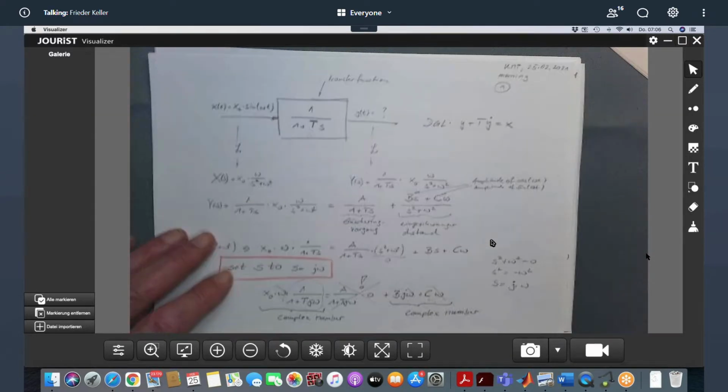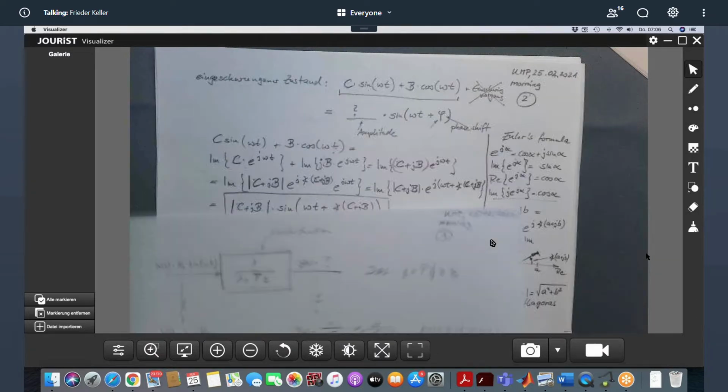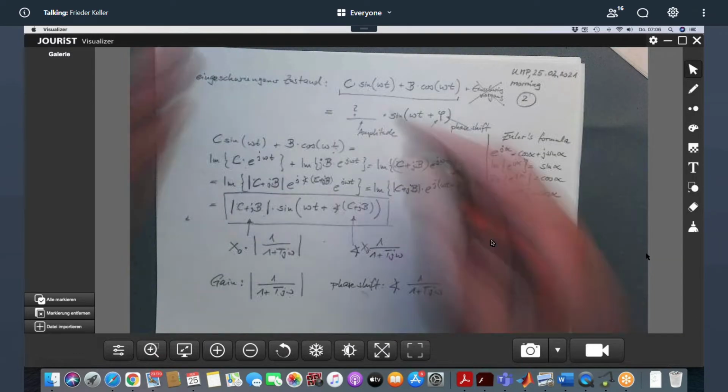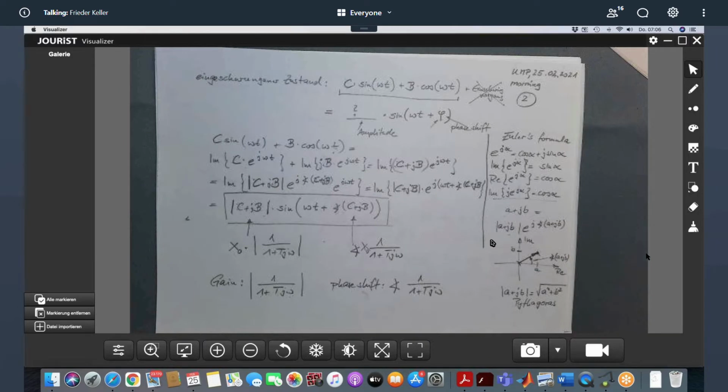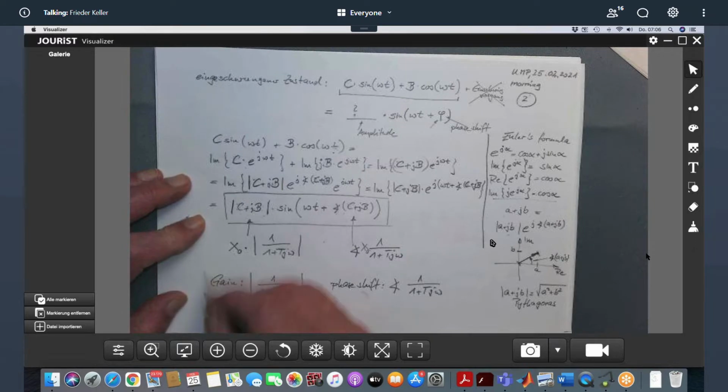That calculation here is a little bit lengthy, and you don't have to be able to reproduce all that stuff. However, you should keep in mind what is done here.